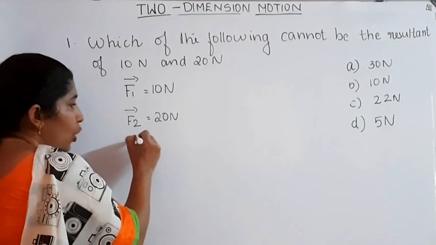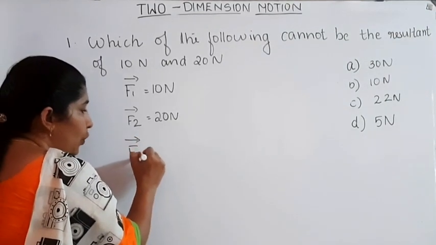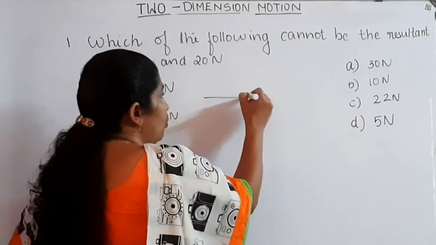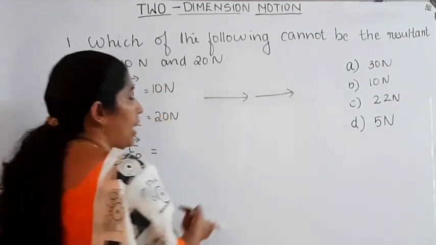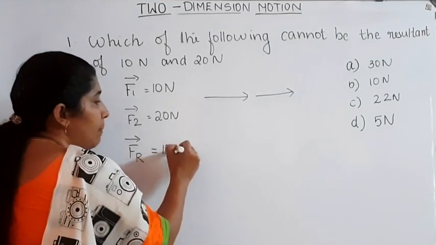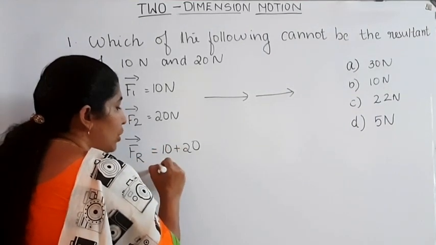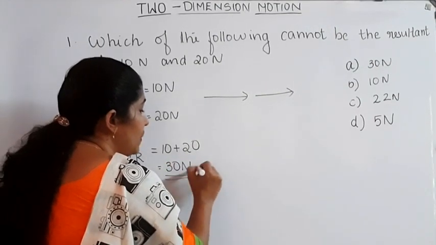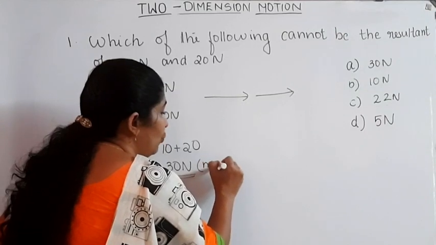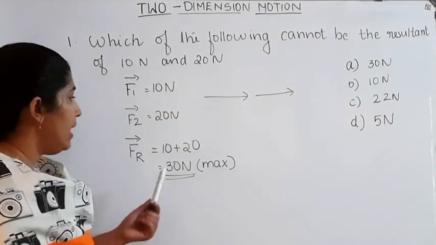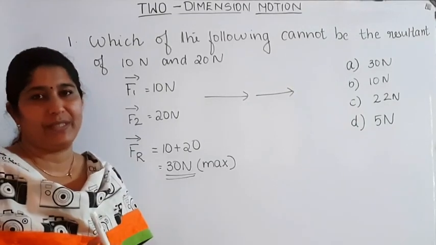Then the resultant of F1 and F2, when these two forces are acting in the same direction, is equal to 10 plus 20, that's equal to 30 Newton. This is the maximum force experienced when these two forces are acting in the same direction.